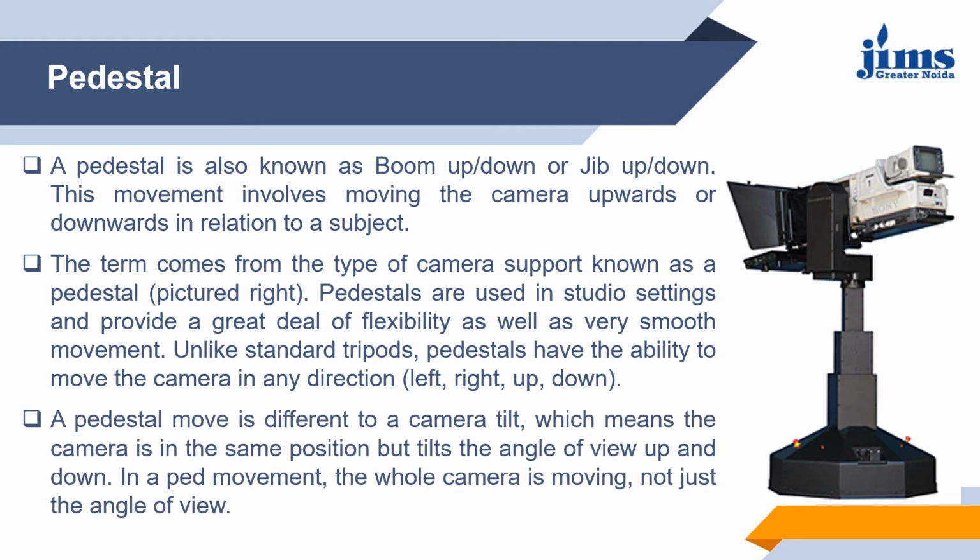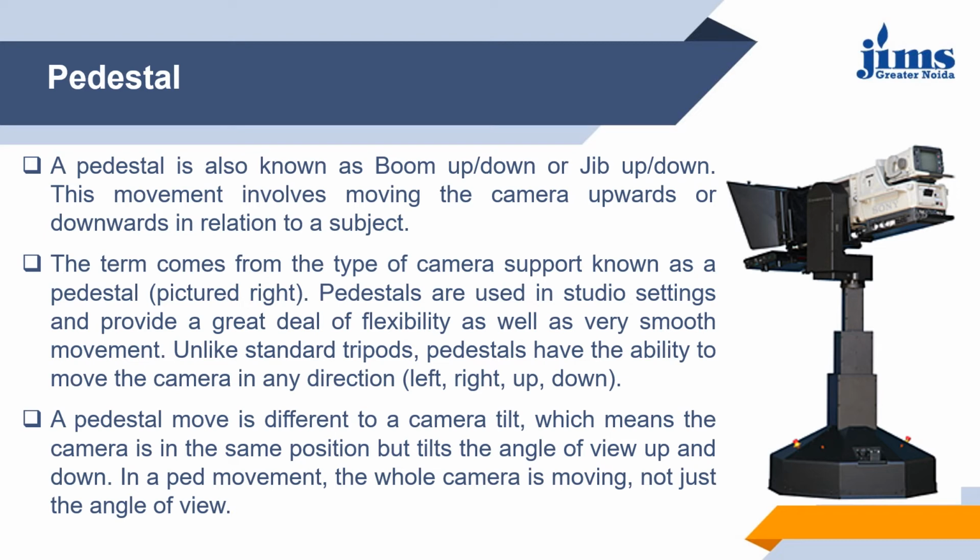A pedestal move is different to a camera tilt, which means the camera is in the same position but tilts the angle of view up and down. In pedestal movement, the whole camera is moving, not just the angle of view.